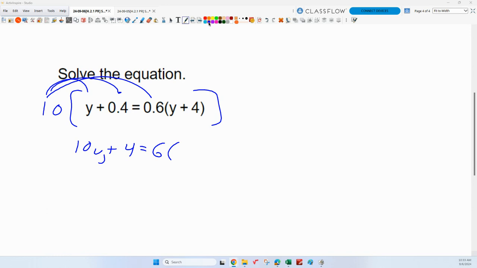When I distribute to this term, I'm going to multiply the 10 by the 0.6, but whatever I get still has to be distributed to the y plus 4, right? Give me 1 to 5 on that. Does that make sense? Okay, and then from there on out, we would just distribute the 6, collect like terms, isolate the y, and solve, right? Okay, you good? Jump into it.